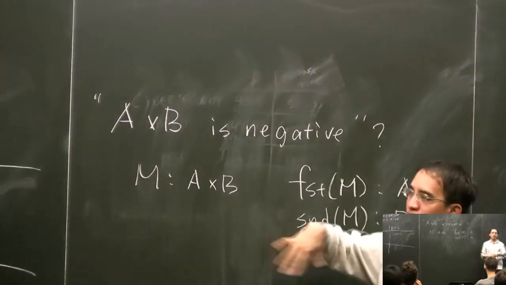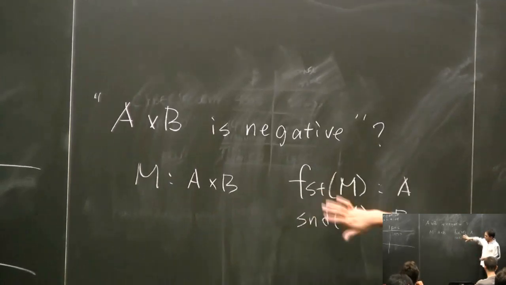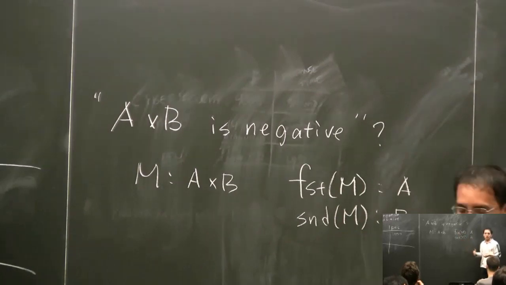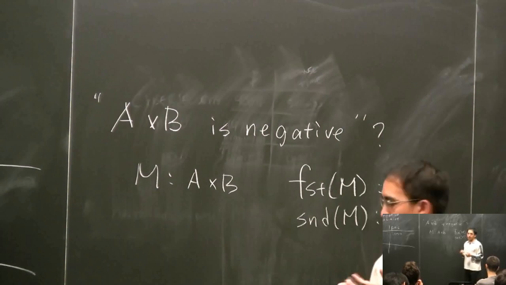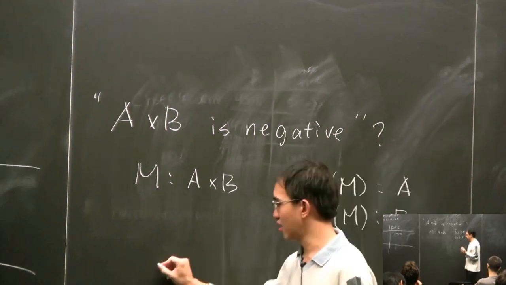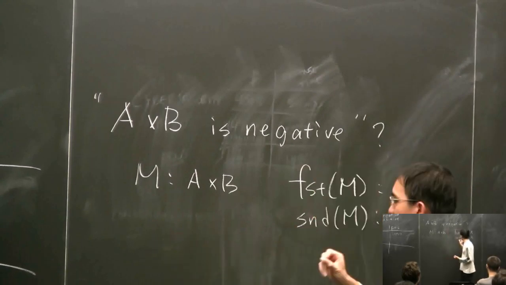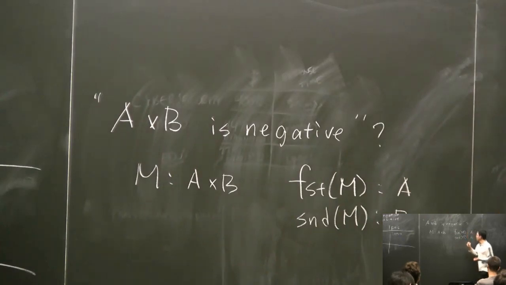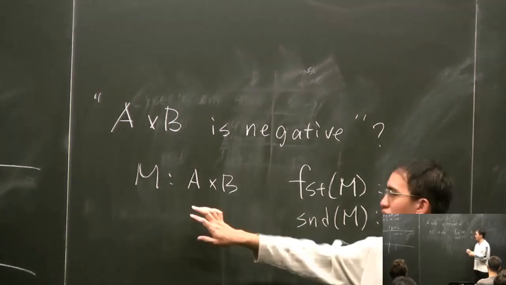So I will claim that if you think of a product type in terms of the usage of that type, then by harmony, you are forced to have an introduction rule like this. Okay, this is the better way to say it.